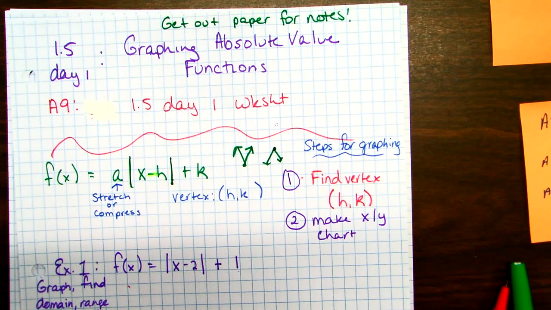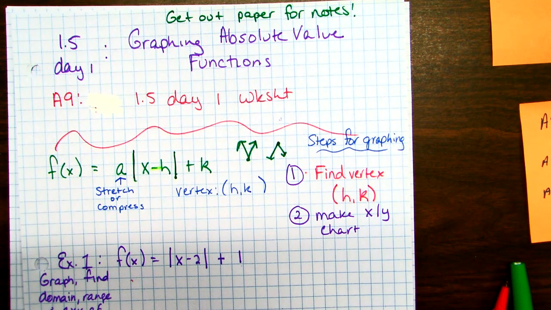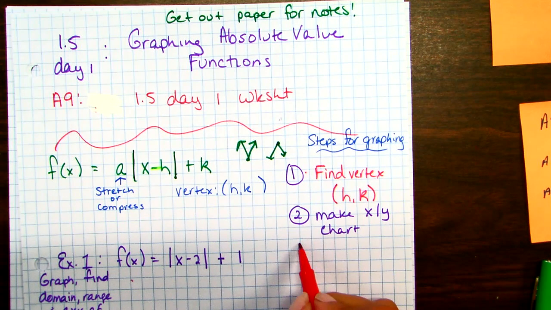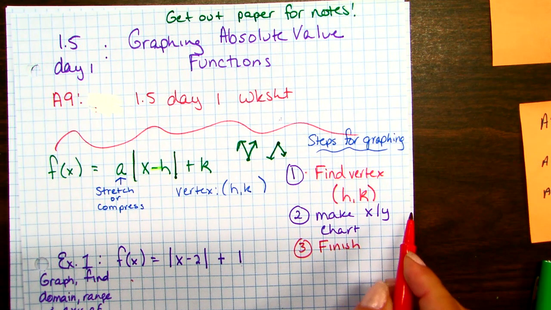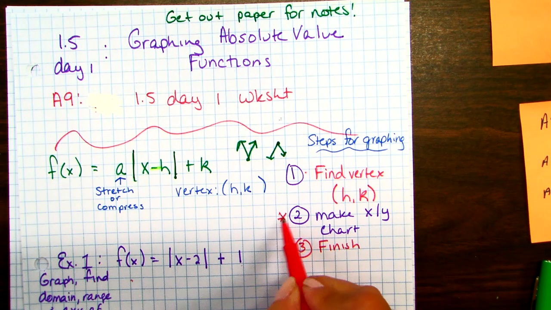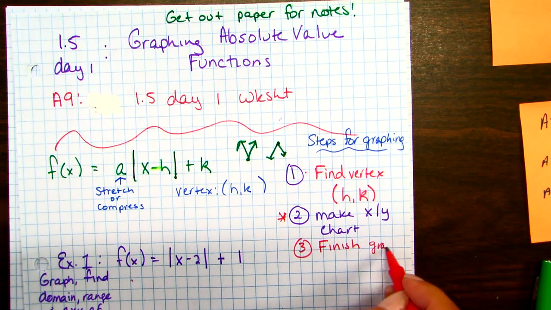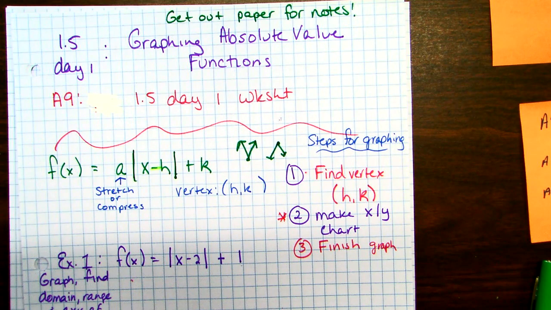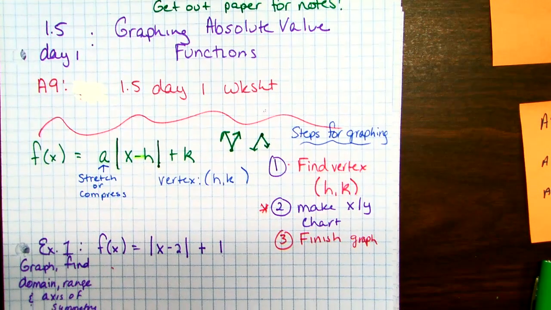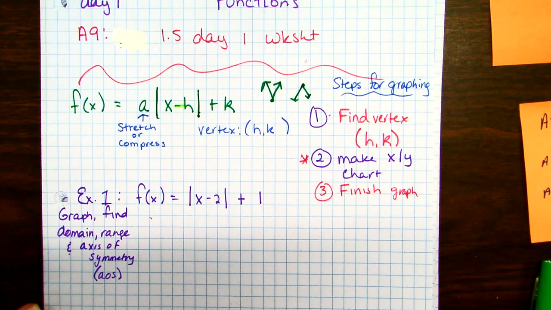And I'm going to give you the details on how to do that in just a second. And then I'm just going to call it finish the graph. And I'll explain what that means in a second. So it's really 3 easy steps. The second step is where you have a little bit of math to do, some arithmetic. You have to plug numbers in and get a number to come out of that. But other than that, it's really, really simple.